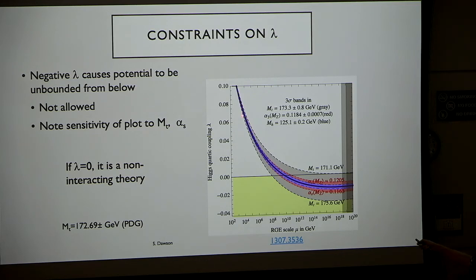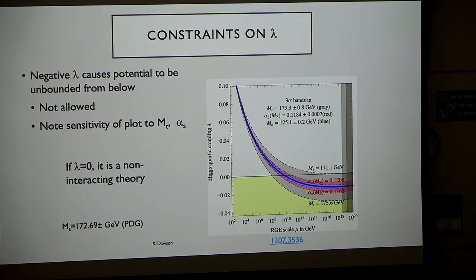So as lambda goes to 0 here, and I lose the quartic coupling, if lambda is 0, it's a non-interacting theory. So here we have the Higgs quartic coupling, and you see it running out to the scale here, and this g_t to the fourth term is pushing it negative.